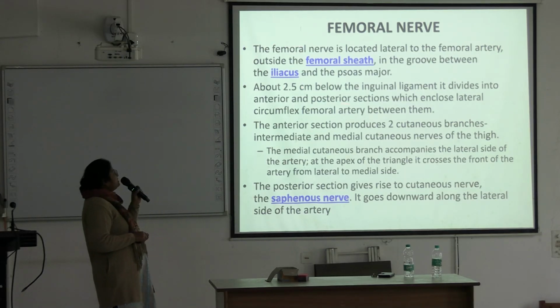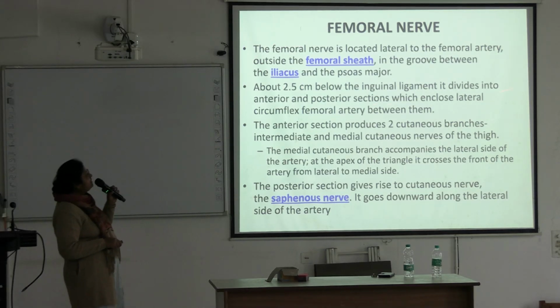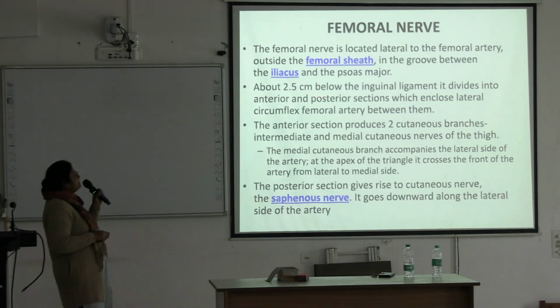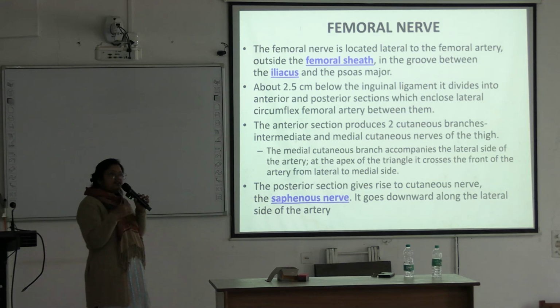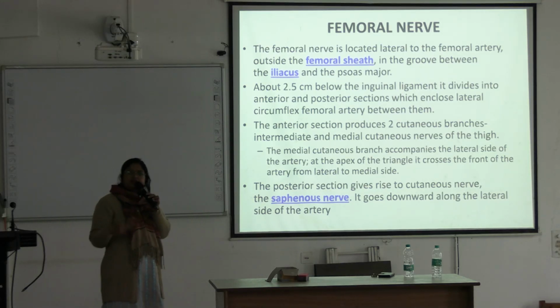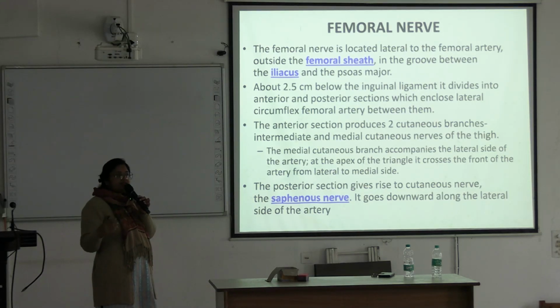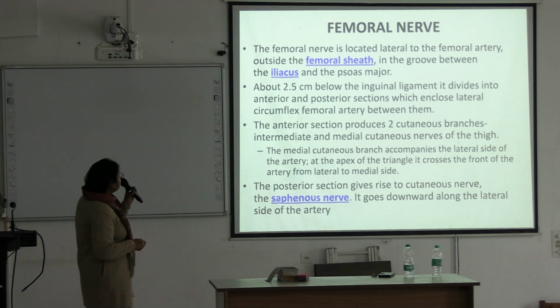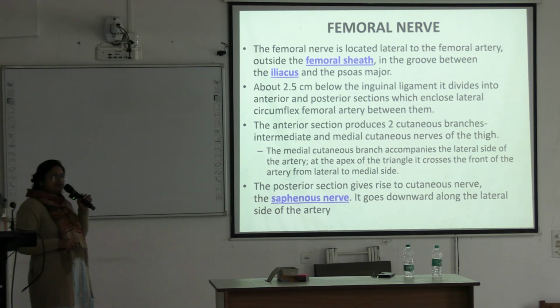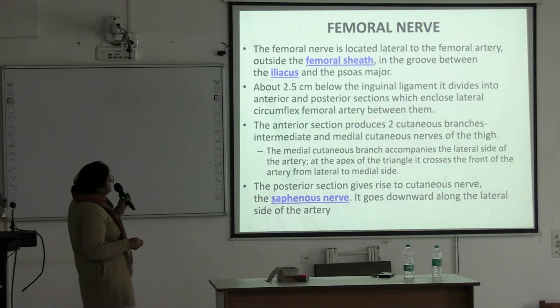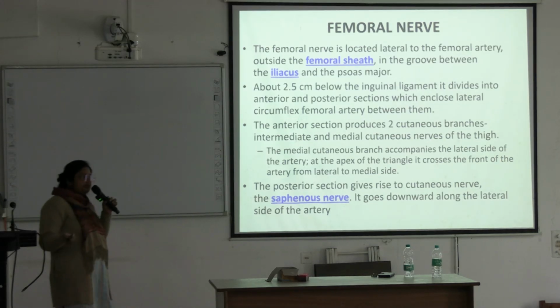About 2.5 centimeters below the inguinal ligament, it divides into anterior and posterior divisions, and between these two divisions passes the lateral circumflex femoral artery, which is a branch from the profunda femoris. The anterior division gives two cutaneous branches, the intermediate and medial cutaneous nerves of the thigh.